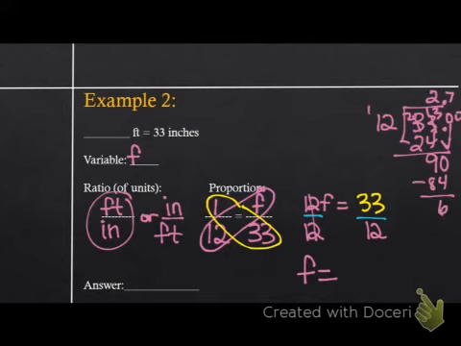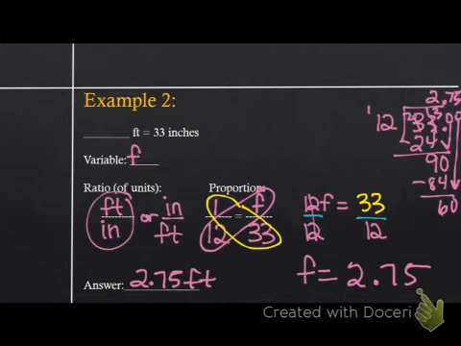I'm going to keep going and add one more 0. 12 goes into 60 five times. So we have 2.75 feet in 33 inches. So our answer would be 2.75 feet.